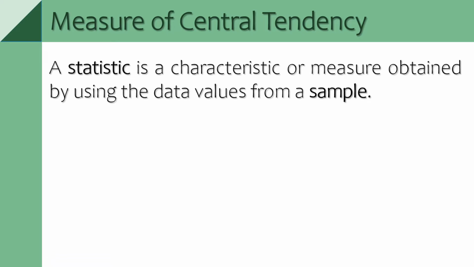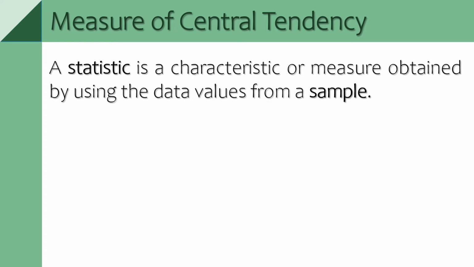So in this part, in relation to samples and population, diyan na natin maintindihan or pag-aaralan si what we call the statistic and the parameter. A statistic is a characteristic or measure obtained by using the data from the sample.